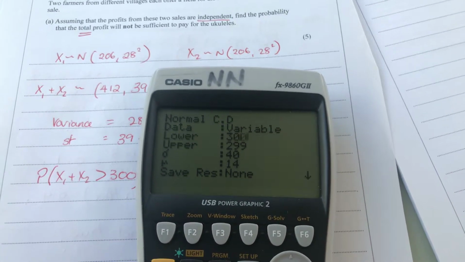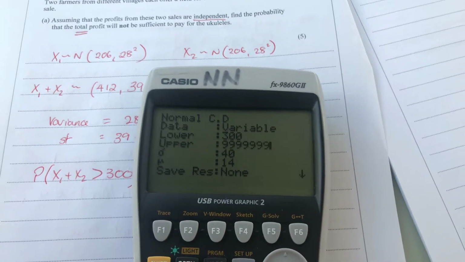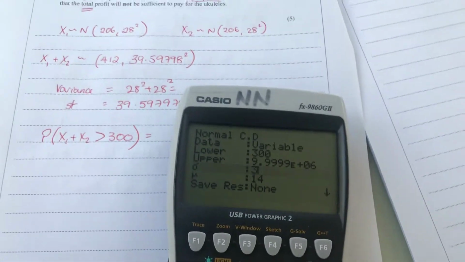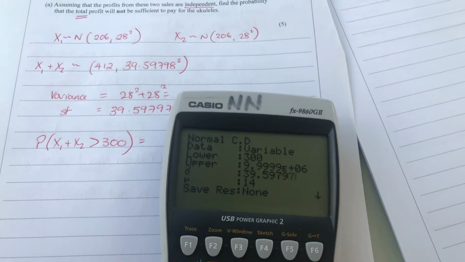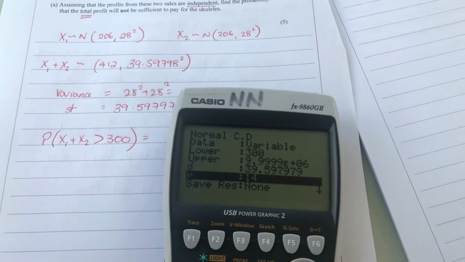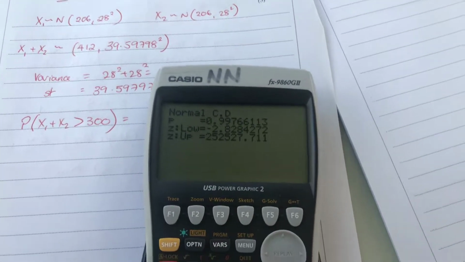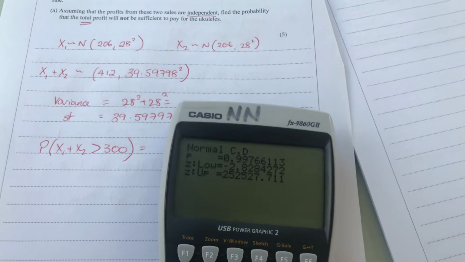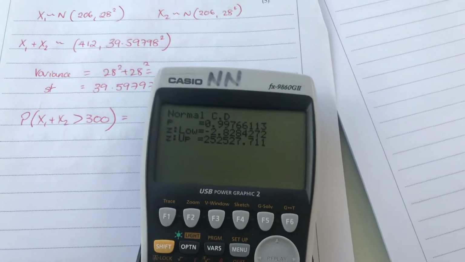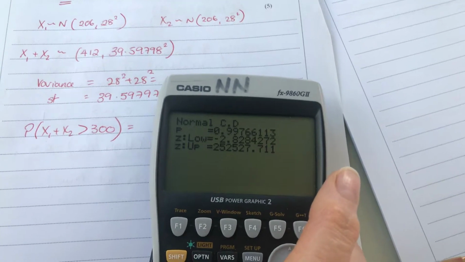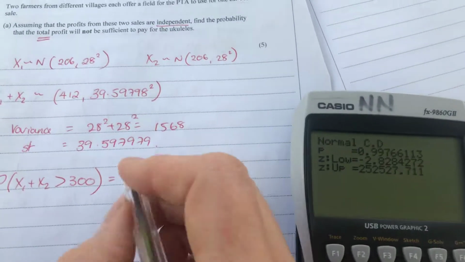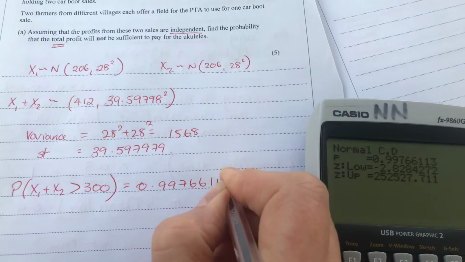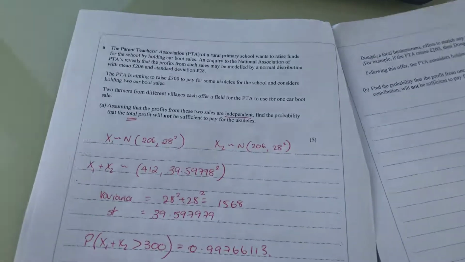The lower value is going to be 300. Maximum is going to be 9999. The standard deviation is 39.597979, and I've got a mean of 412. So the probability that they're going to get that is 0.997661113. Let me just check.